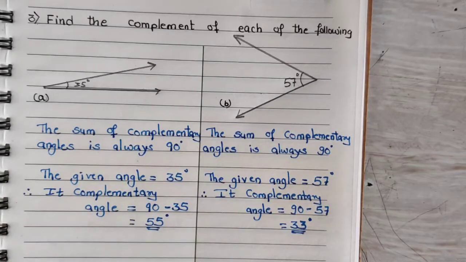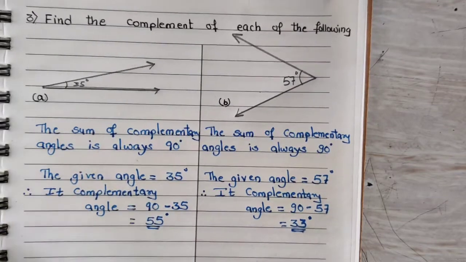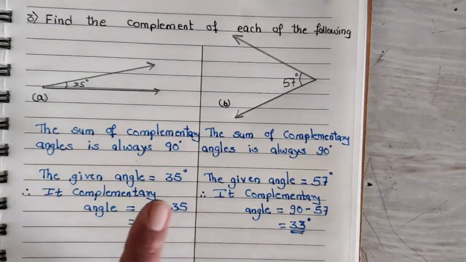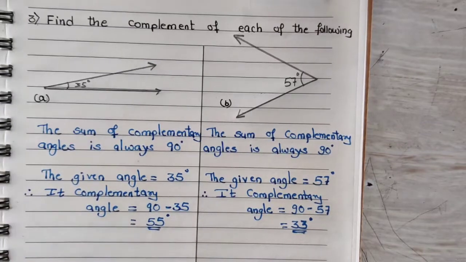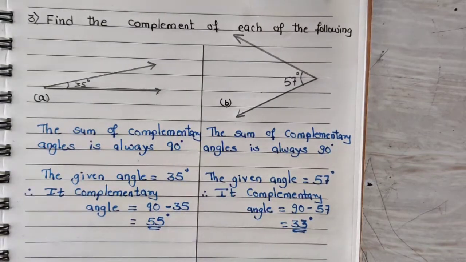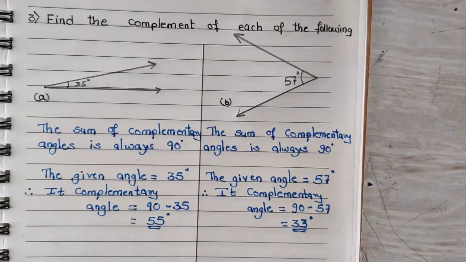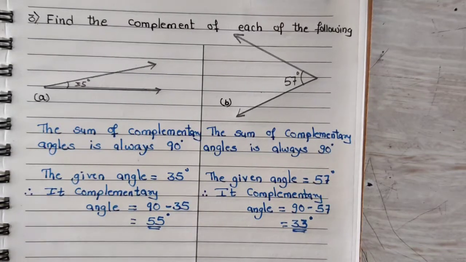If two are there for you, you have to solve one below the other, as I am showing you in one page. I have divided my page into 2 equal halves so that I can show you the method of one in this half and the method of another one, which is exactly the same, in the other half. Maybe you will get only one question like this to find the complement, or maybe you will get to find the supplement.